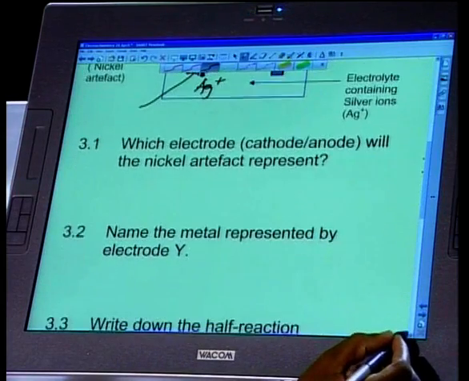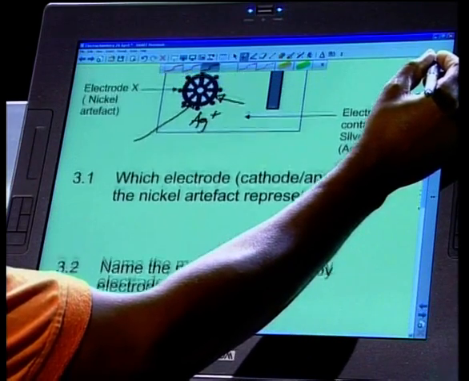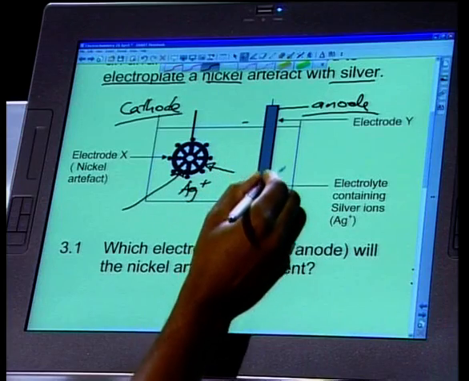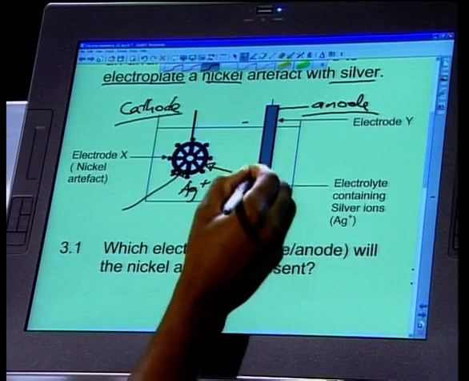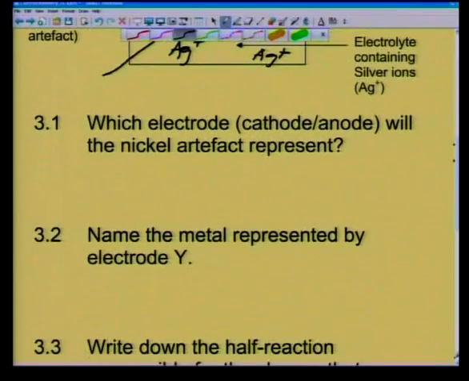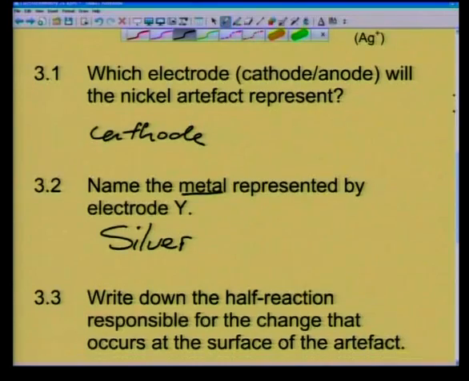And 3.2, name the metal represented by electrode Y. For us to make sure that there is enough Ag+ ions in solution, this electrode must be a silver electrode. So that metal is silver. So the answer there is cathode, and the answer here is silver. That's the metal for Y.